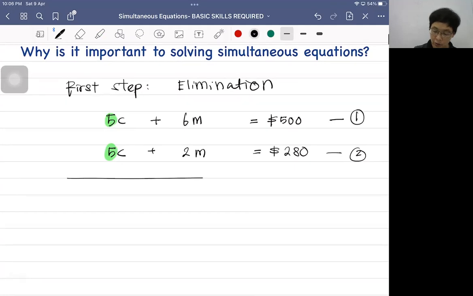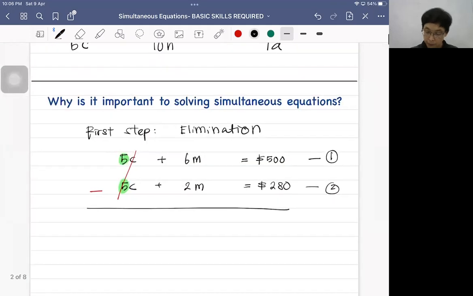It is necessary for us to know this so that we can get rid of the car money first and deal with the motorcycle cost. Then you take 280 away and you get $220 for the motorcycle.